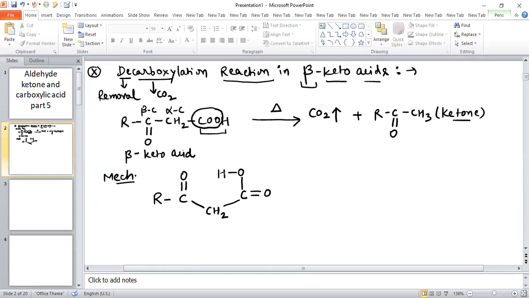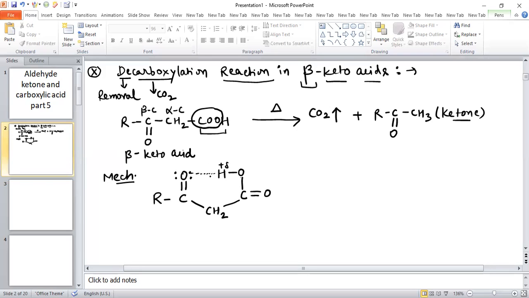Now see what happens in this case. Basically, this will form a cyclic transition state because there is a lone pair on the oxygen atom, and this hydrogen has a partial positive charge.